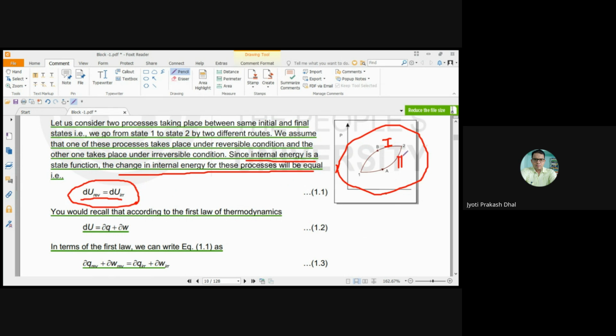The system changes from state 1 to state 2 by using these two routes. Out of these two routes, we have assumed that one is a reversible path and the other is an irreversible path.